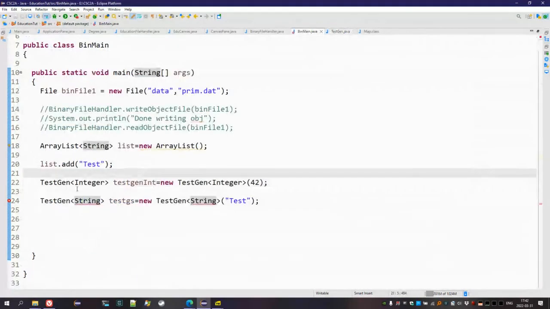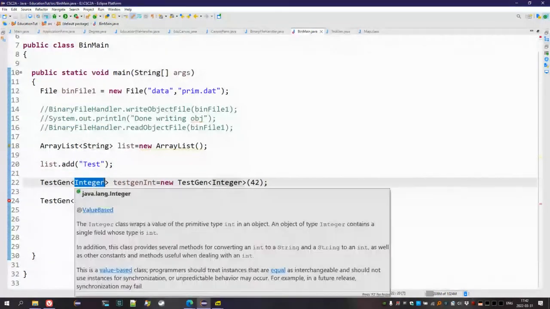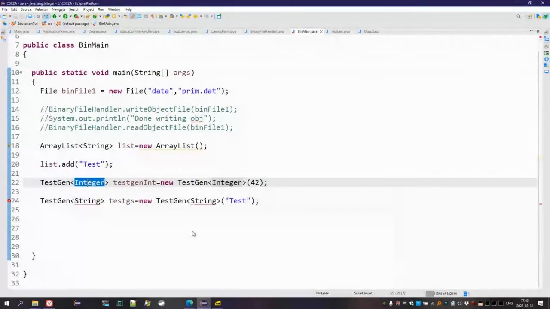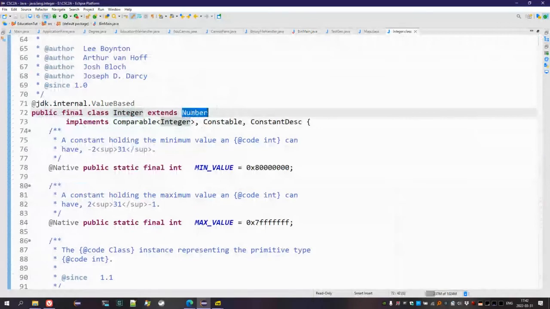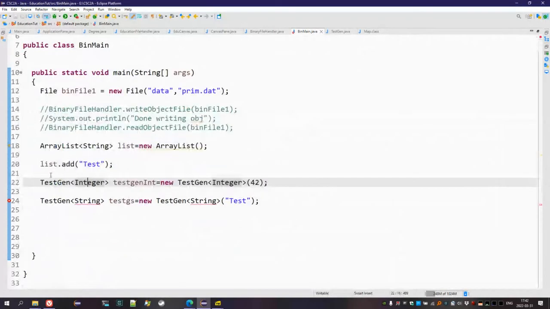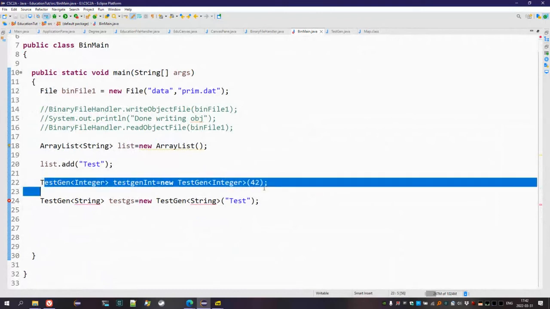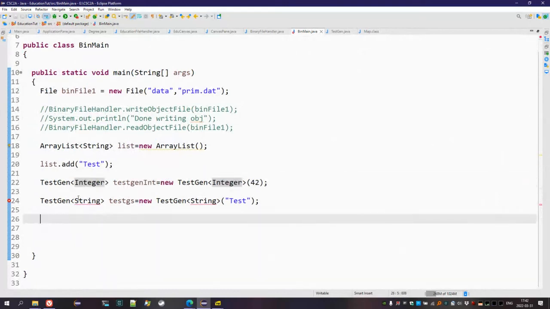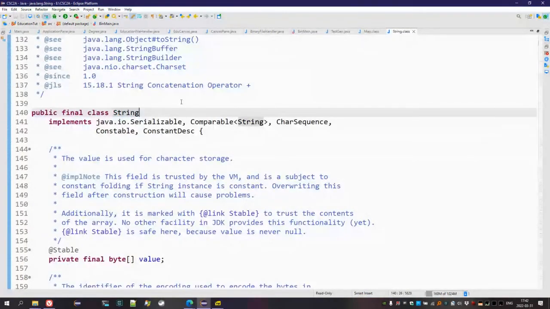Now, if you go look at main, the one which takes an integer as parameter still works perfectly fine. There's no restriction here that does not match. Integer is something that extends number. So this works perfectly fine. However, string doesn't extend number.